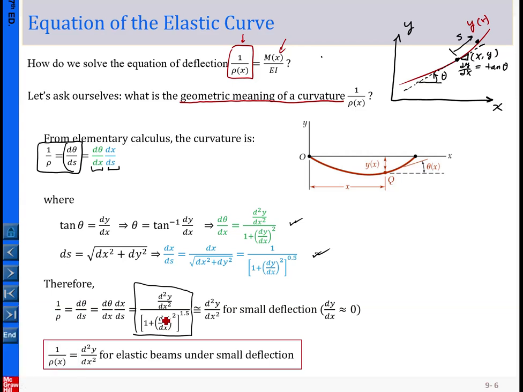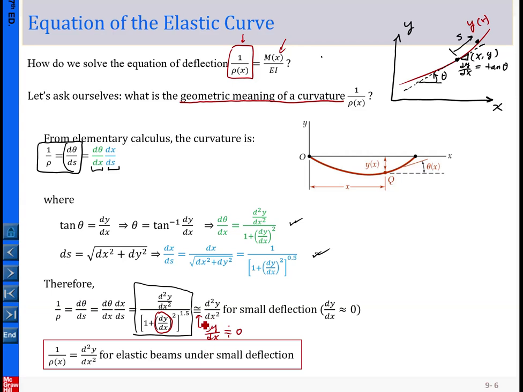I would say if dy/dx is very small, then you can see the denominator can basically be approximated as 1. This approximation happens when we assume dy/dx is very small.